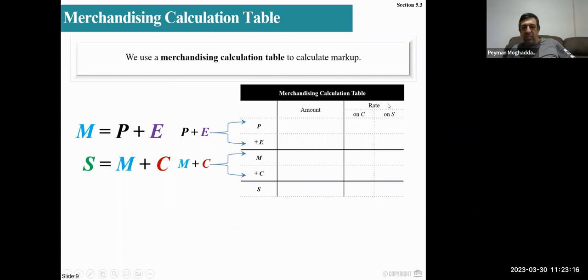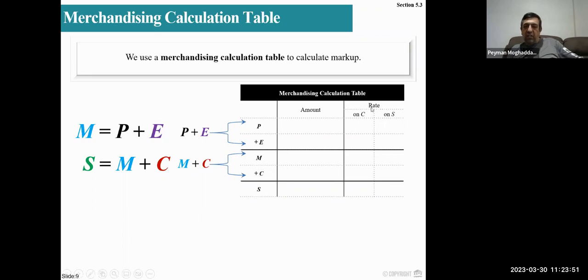So rate on C, rate on S. So for P rate on C, you divide P by C and put it there, and P on S, you divide P by S and put the rate there. Okay, in percentage terms. And you can do it for E, for M, for C, and for S. For C and S, you don't need to do that, but for the rest, you can.